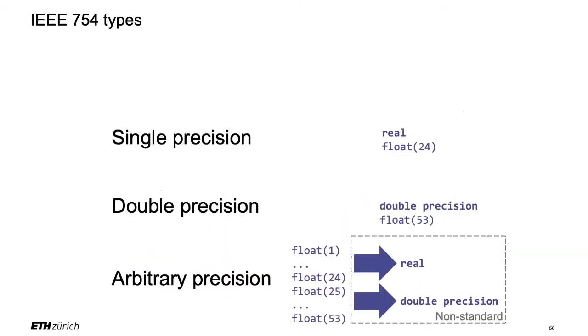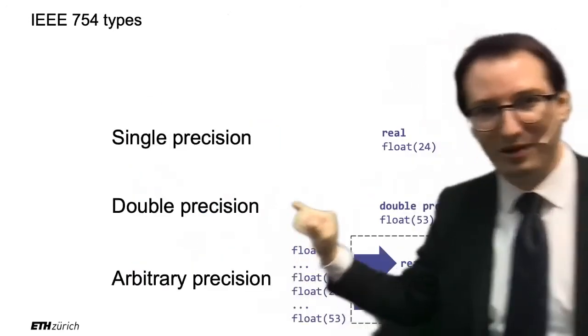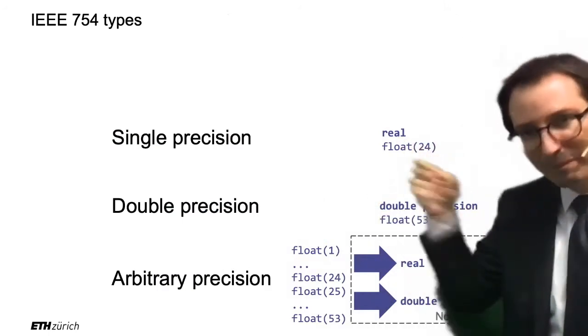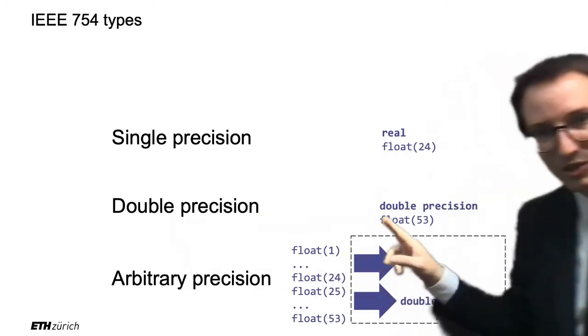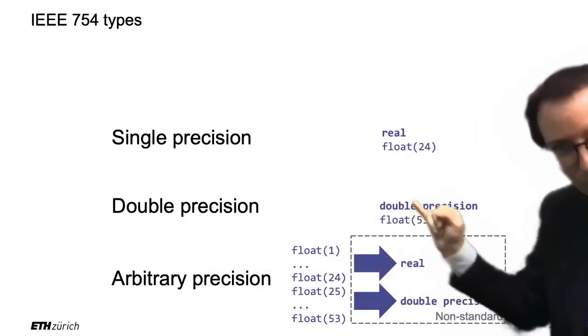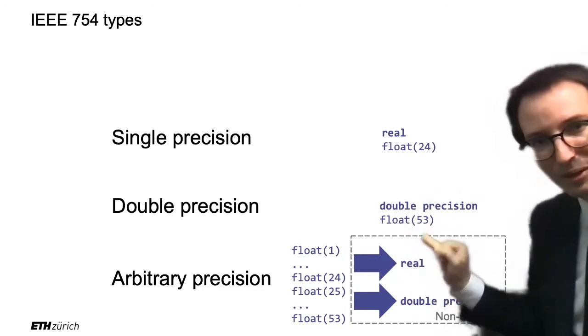Okay, so now to finish on the types, it's also a bit of a mess, but let's say there's a lot of synonyms again and a lot of types again. Basically, if you use this 32-bit one, the one on the left, you can either say real or float 24, and double precision is literally written double precision, or float 53.